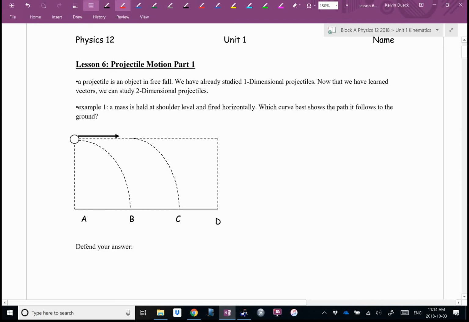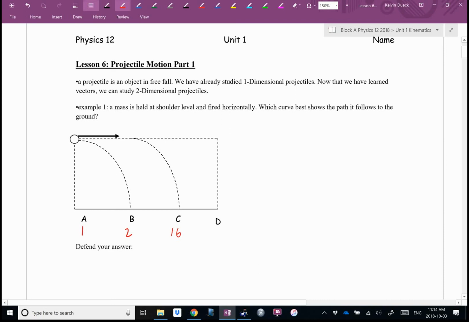Who says path A, Mr. Dueck? If you pulled the trigger, path A. Got one. Who says path B, Mr. Dueck? Path B. 1, 2. Who says path C, Mr. Dueck? Path C. 1, 2, 3, 4, 5, 6, 7, 8, 9, 10, 11, 12, 13.